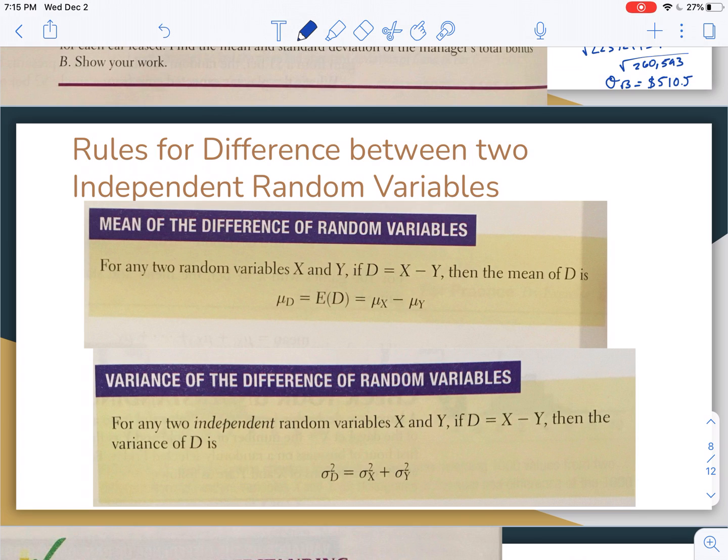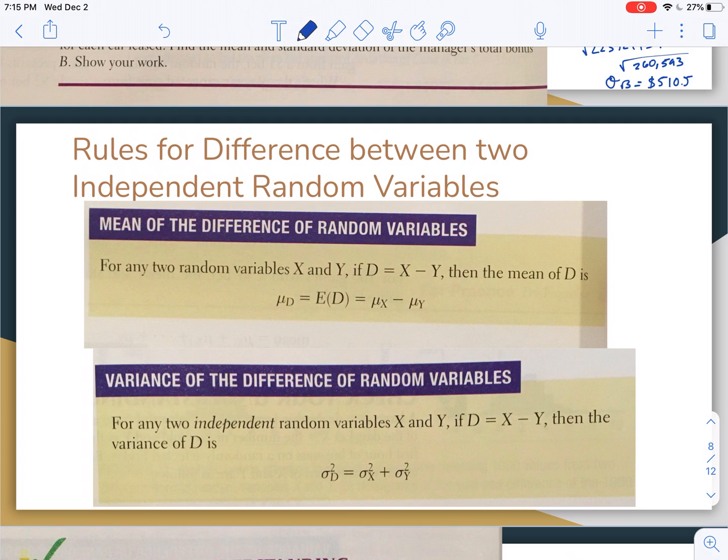Now, the book does a really good job of explaining this, but when we look at the variance, it ends up being the exact same thing as the variance of things combined. That's because the ranges of the difference and the ranges of the combinations end up being the exact same value. So whatever the range is for the combined is the exact same as the range for the difference.